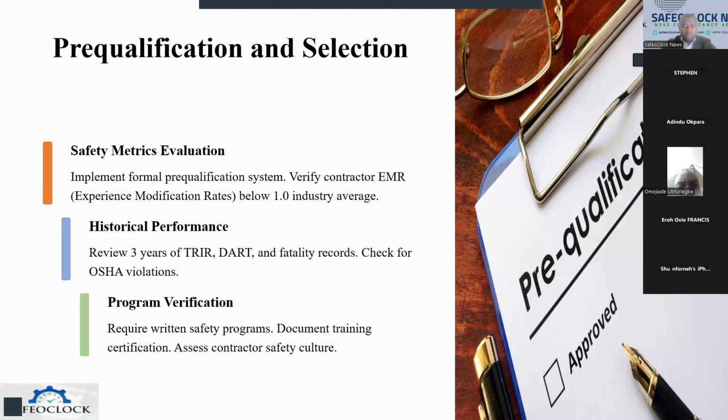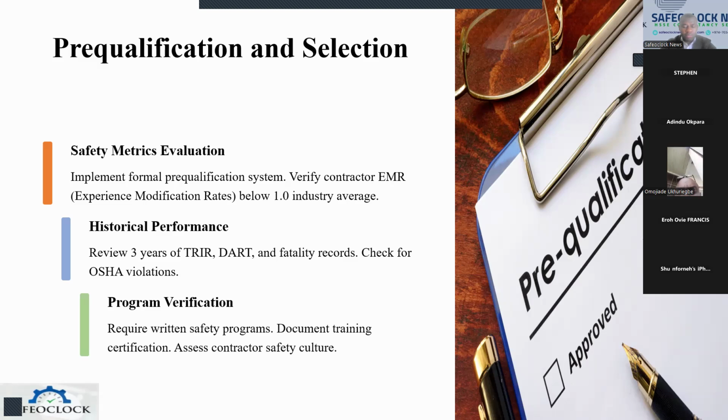So we have to check. It's like checking the incident history of an organization, looking at the violations the organization has incurred from international or local regulatory bodies within the country. With all those metrics and parameters, you can use your discretion and say, okay, we can go on with this contractor or not.